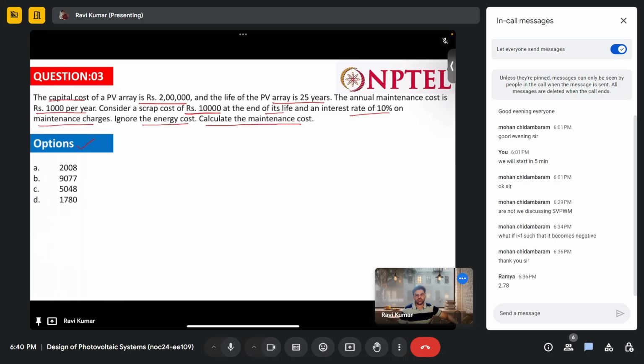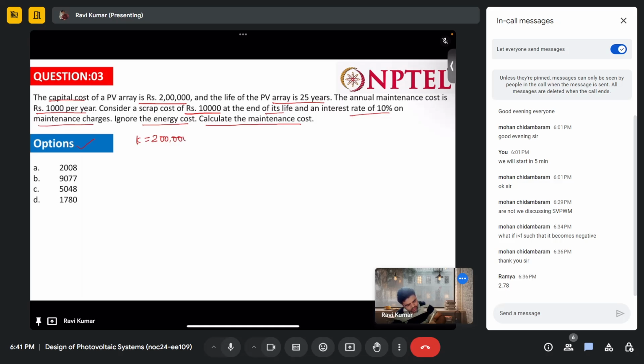Very simple question. First of all, let's see what other things are given here. Write the factors which are given here. So we have given capital cost as 2 lakh.